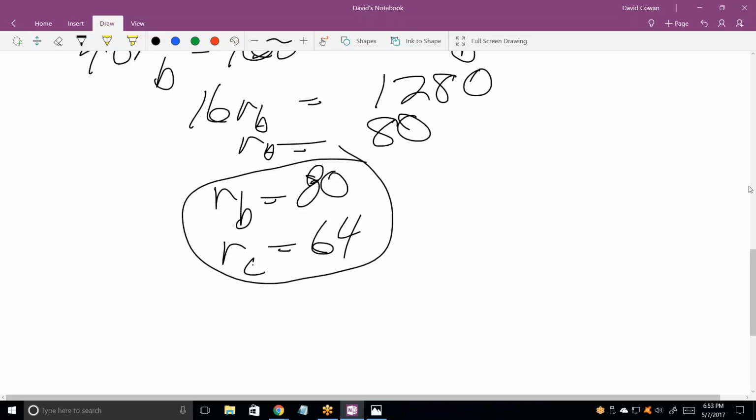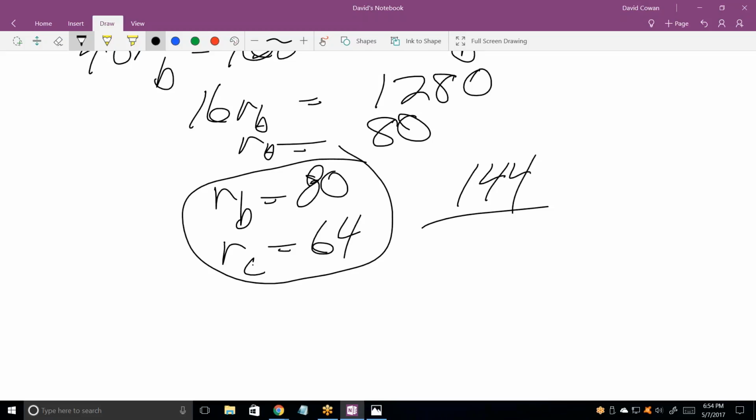Well, let's start there and see if we can figure out where our mistake is. First of all, let's prove that this isn't correct. If the speed of the boat is 80 miles per hour and the speed of the current is 64, that's 144. It's going to travel 48 miles in 3 hours.